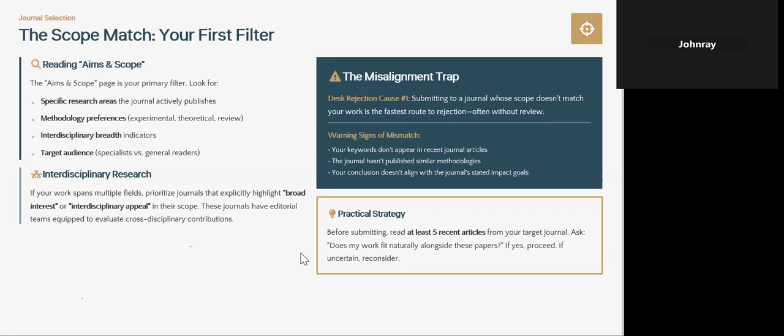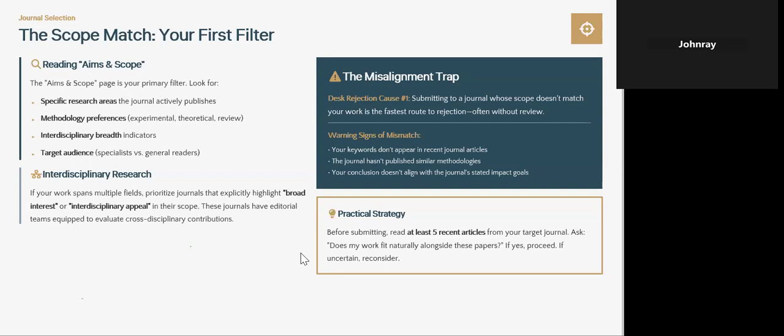We'll help you out. So you have to first look at the specific research area which the journal is focusing on. You have to look at that when you go online and look for the journal. Okay, I've seen a journal, so and so. You must go to their aim and scope and see if their aim and scope tallies with the paper you have written or the research you have done.